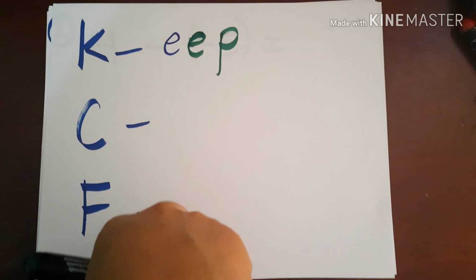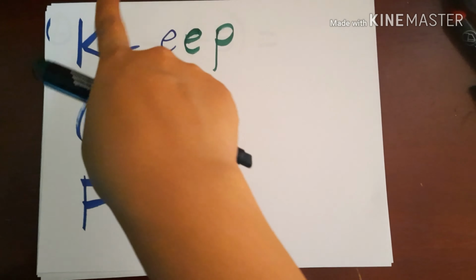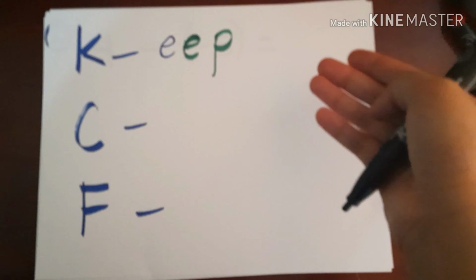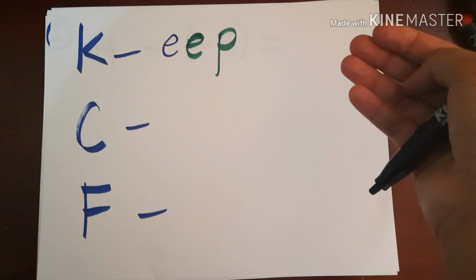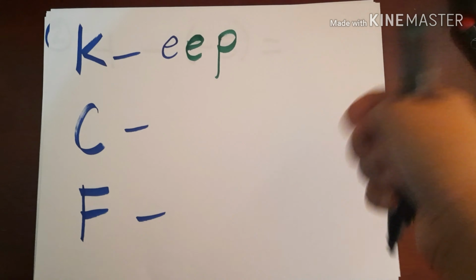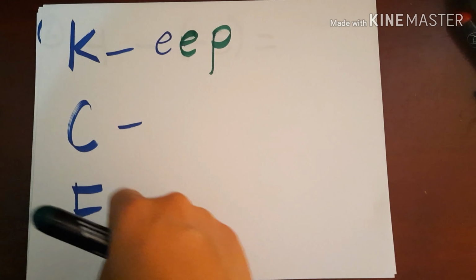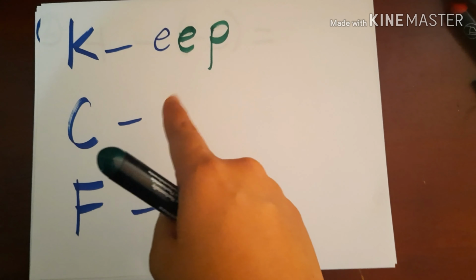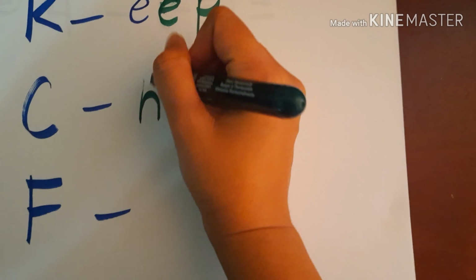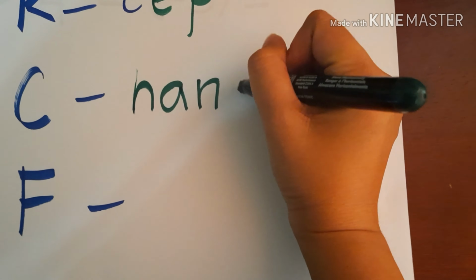So what do we mean by KCF? KCF is just an acronym, and K stands for keep. So when we say keep, that means you are going to retain. Since we are in math, we're referring to a number, so we will retain a number. Let's go ahead and find out what C is. Well, C stands for change.